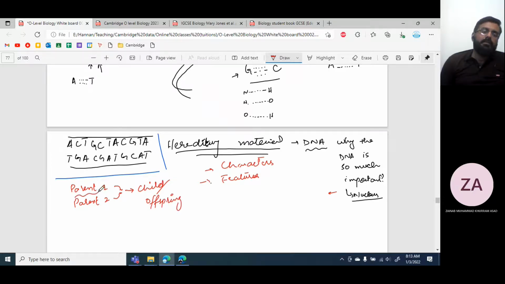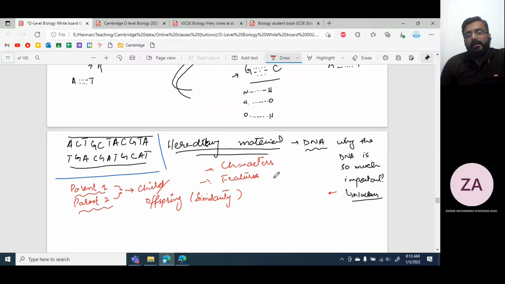Whenever the parents reproduce and create an offspring, there is a similarity between the parents and the offspring. There is always a similarity. I'm not saying that they are 100% identical, but there is a similarity between the offspring and the parents.